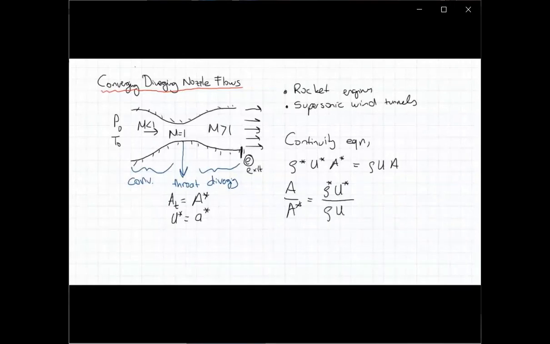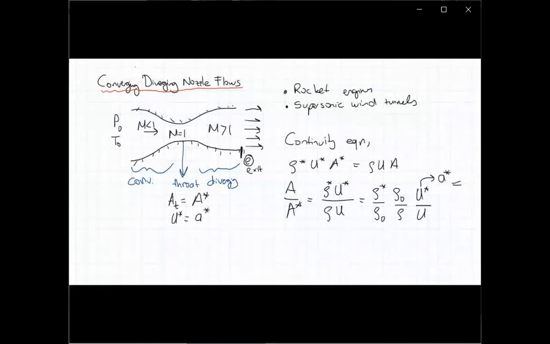We can work on this equation a little bit to make it look like rho star over rho 0, the stagnation density, times rho 0 over rho, the stagnation to static density ratio, times u star over u. Now here u star is equal to a star.